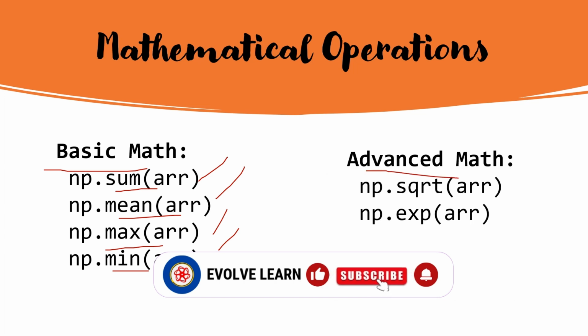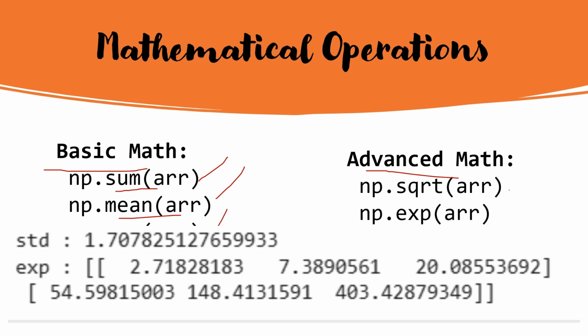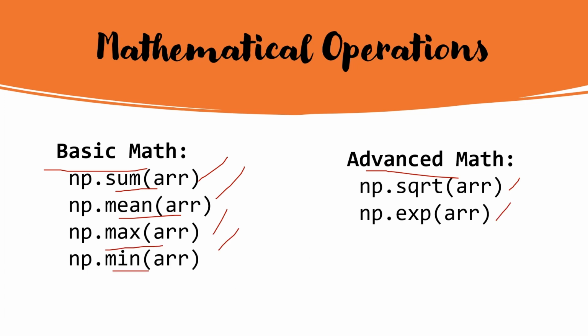Advanced mathematical operations involve performing square root with np.sqrt of array or exponential function with np.exp of array. Next up, let's explore random number generation capabilities.